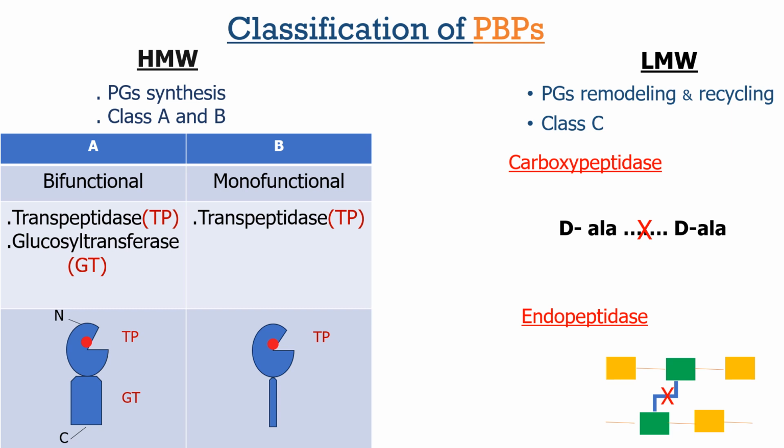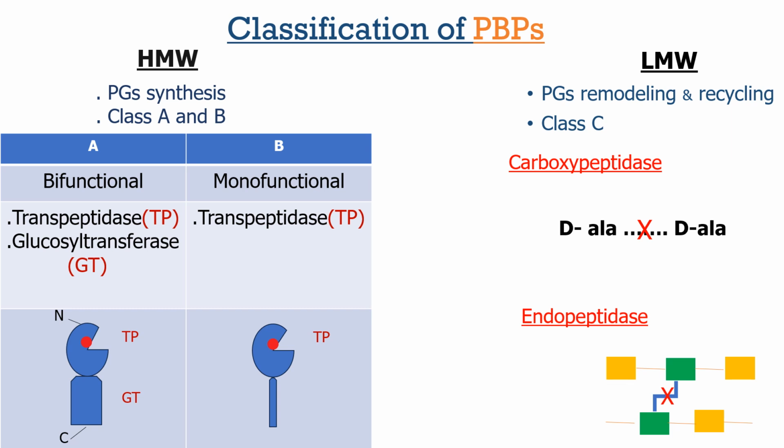And this red dot is what's called the active site serine. It's an amino acid serine that is the active site where it can make the cross-link between the two polypeptide chains. While class B is composed only of the transpeptidase domain. It has no glucosyl transferase action and no glucosyl transferase domain.